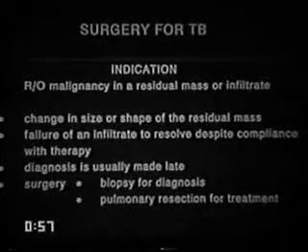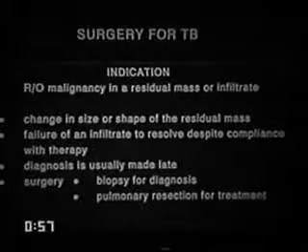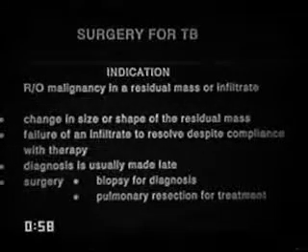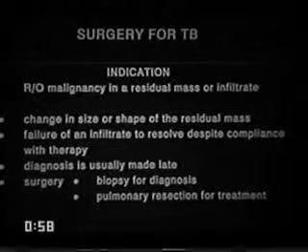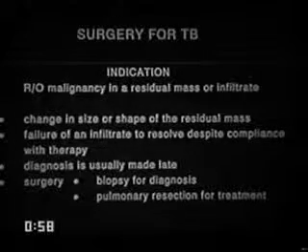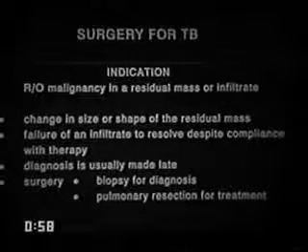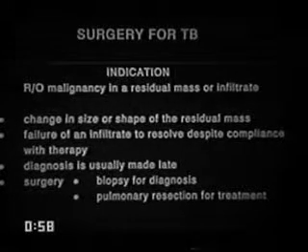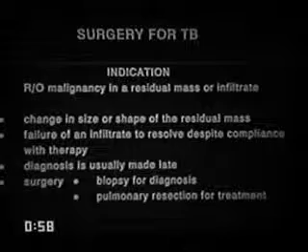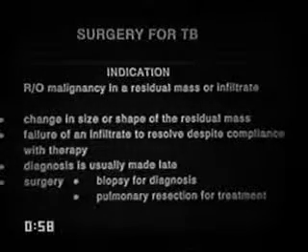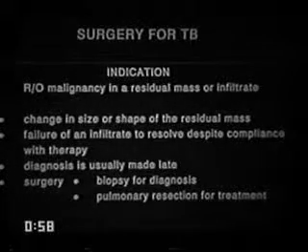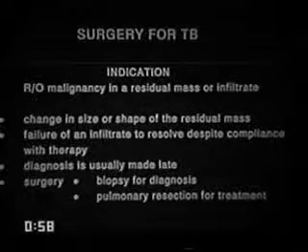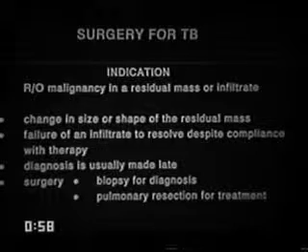In those cases where you have a residual mass or infiltrate and you suspect a coexisting malignant condition, a change in the size or shape of that mass might provoke you to contemplate surgery for it. Failure of an infiltrate to resolve despite compliance with therapy, and properly administered TB therapy, the most effective way of administering it is by directly observing the patient taking the medications.